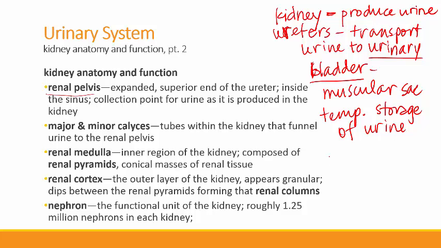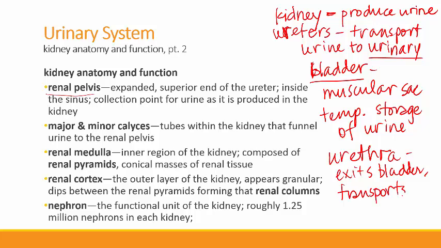And then last of all, the urethra. This is the tube that exits the urinary bladder to transport urine to the external environment. So this is the organ that's involved in elimination.